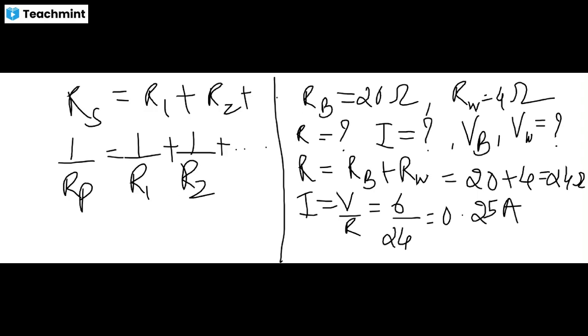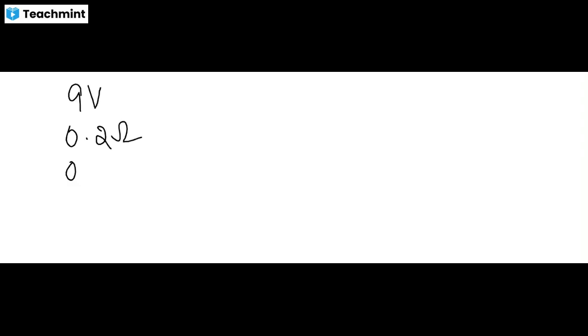Then next one, a battery of 9 volt is connected in series with resistors of 0.2 ohms, 0.3 ohms, 0.4 ohms, 0.5 ohms, and 12 ohms.